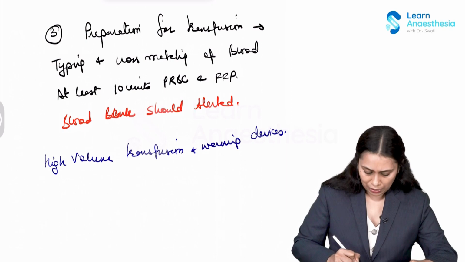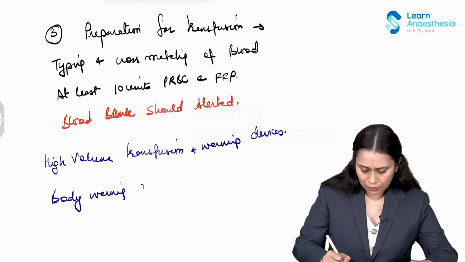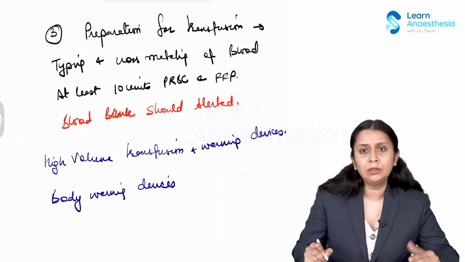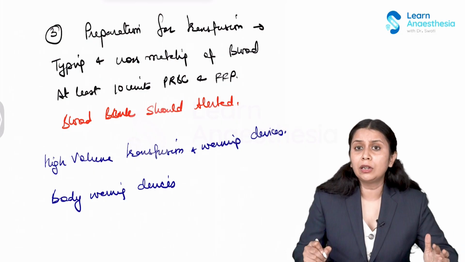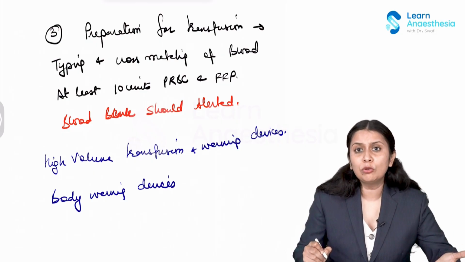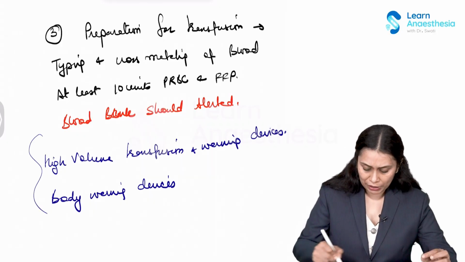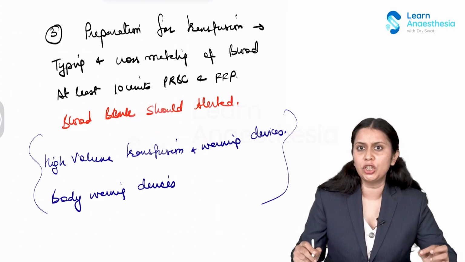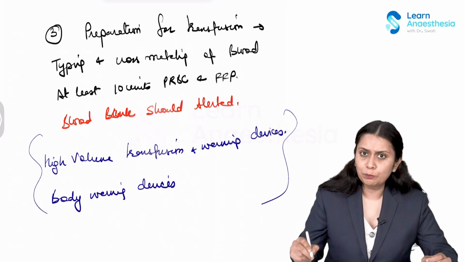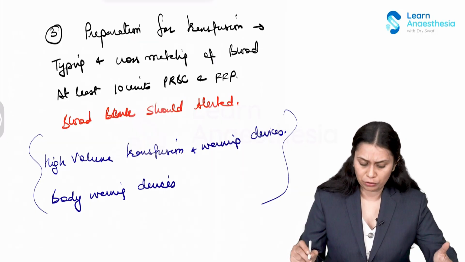Apart from this, the body warming devices also, we don't want the patient to go into hypothermia. Massive transfusion can lead to dilutional coagulopathy and hypothermic coagulopathy. So we need to avoid all these things, because this patient may require a massive transfusion, right? So we have to do all the preparation for massive transfusion.